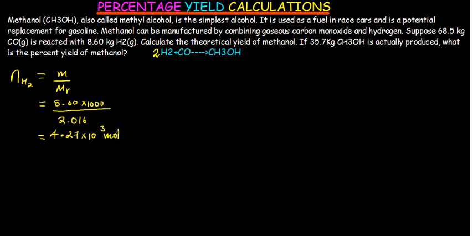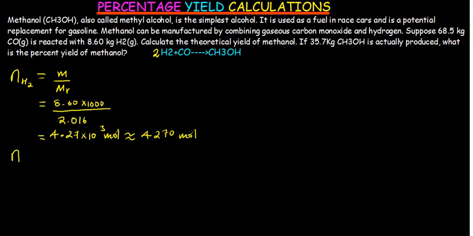If we don't want to write it in standard form, this is just 4270 moles. The decimal point will move 3 places because we are multiplying by 10 to the power 3.